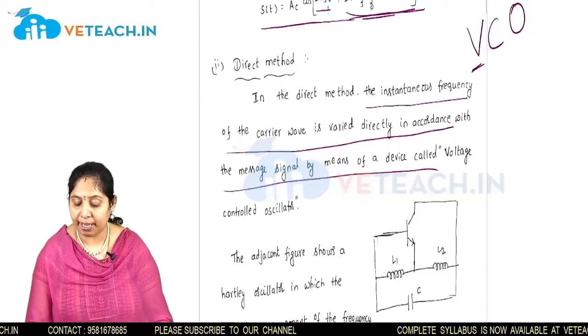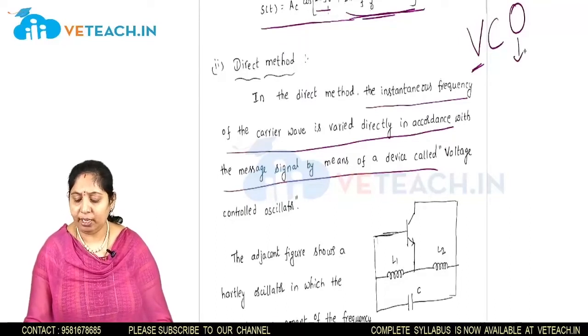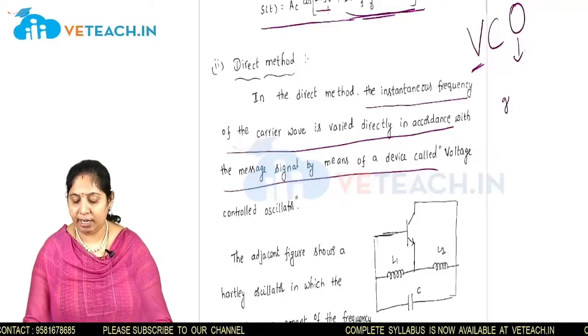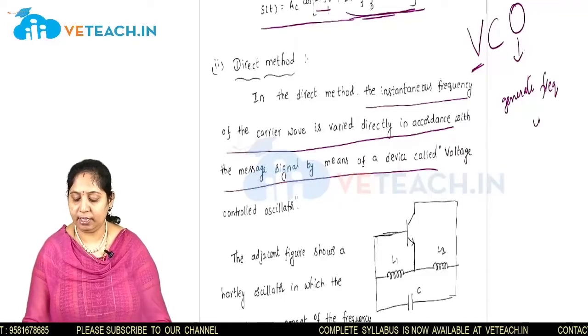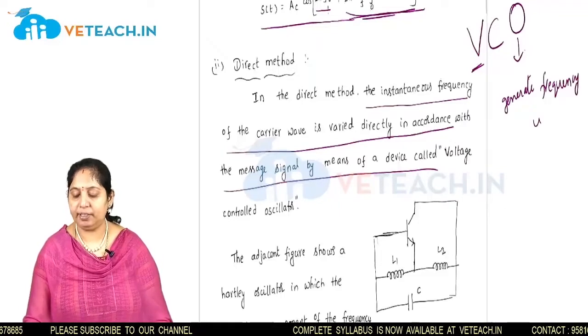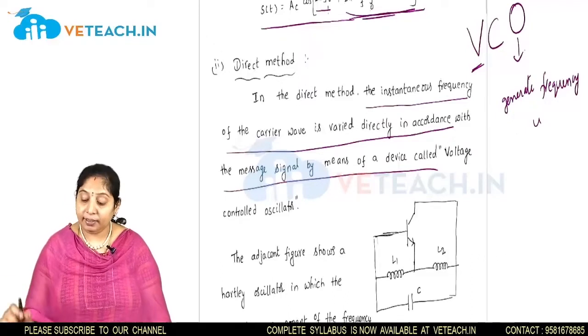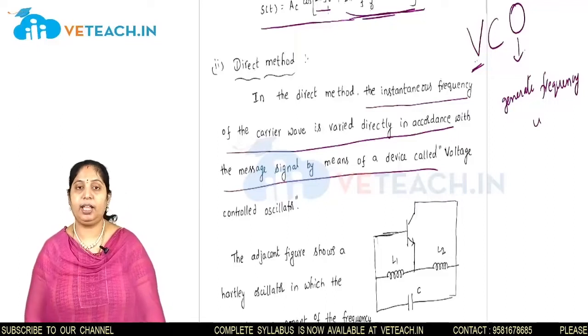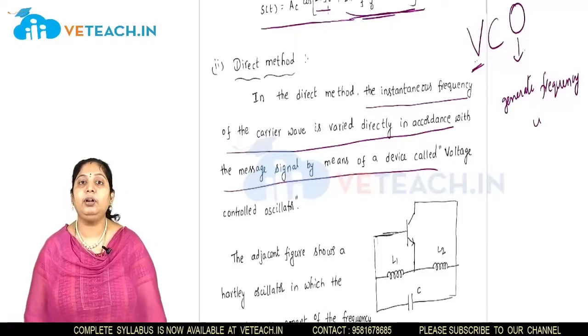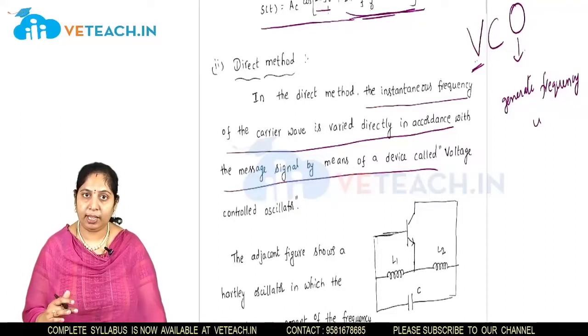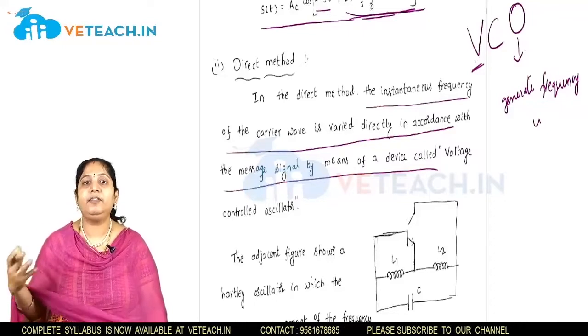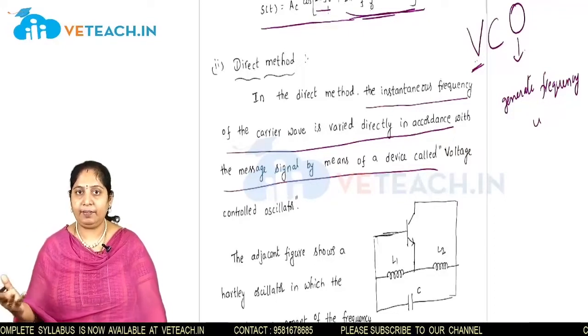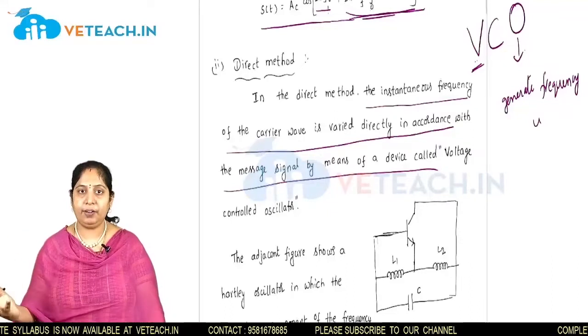As the name implies, as we know, an oscillator is used to generate a frequency signal. Here this frequency is going to be controlled by means of voltage. Voltage controlled oscillator: based on the voltage, we are going to generate a signal having different frequencies.